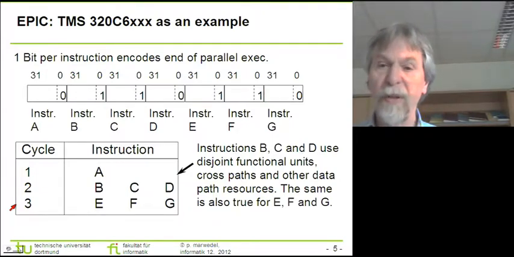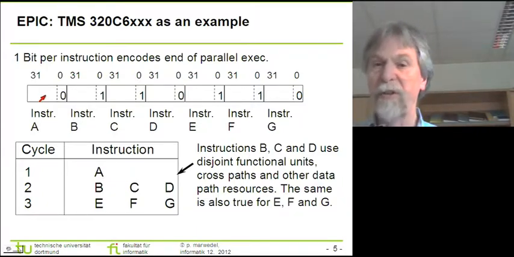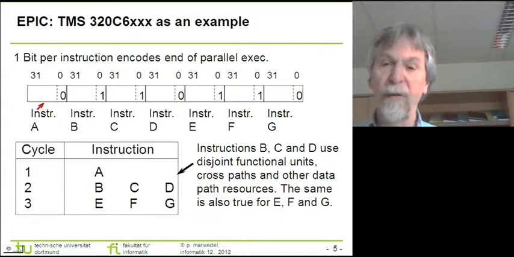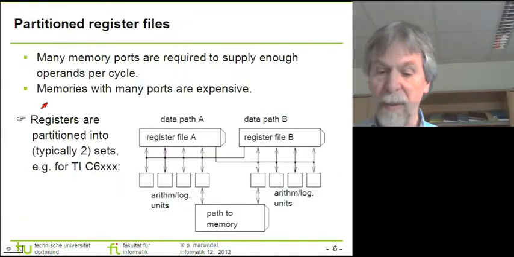Also, we give up on the idea of having a very strict link between these instruction slots and the corresponding functional units. So therefore, we don't really need to encode these no operation instructions anymore. And we have improved the instruction density in terms of the number of bits that we need for encoding operations.